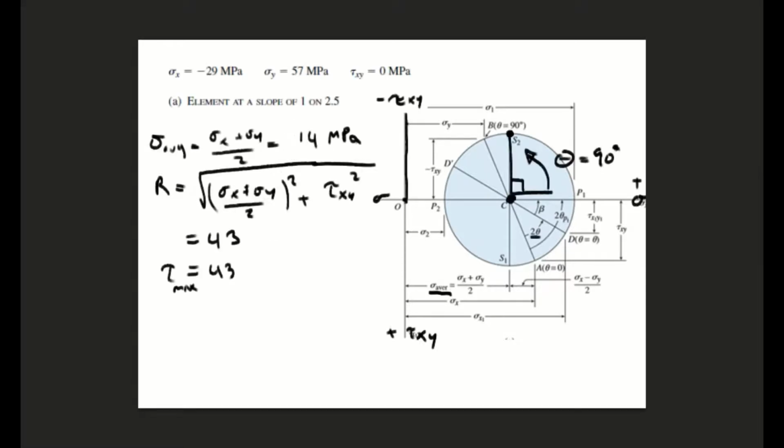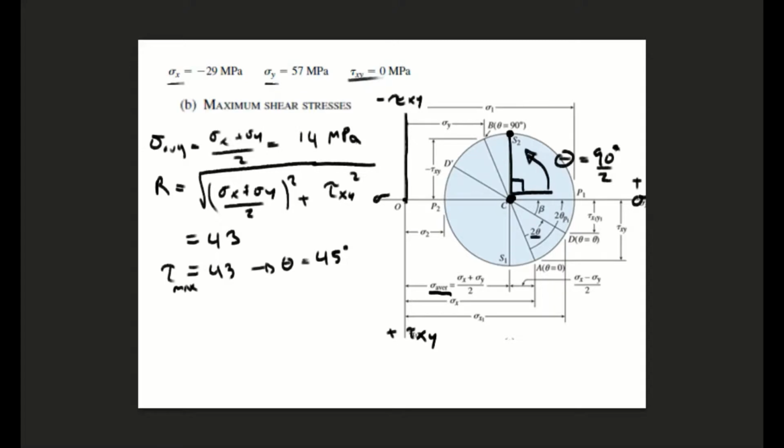So all we're doing is taking the 90 degrees and dividing it by 2, so that phi is going to be 45 degrees. Which makes sense for this problem, seeing that we just have these values and there's no shear added. So the max shear should just be at 45 degrees. Okay.